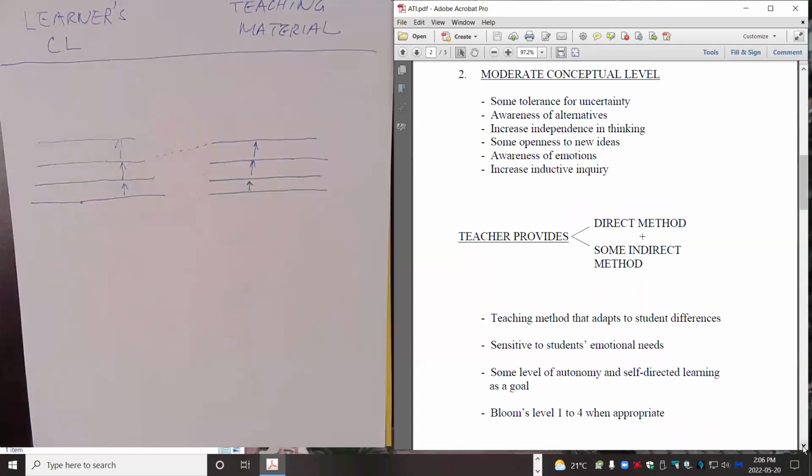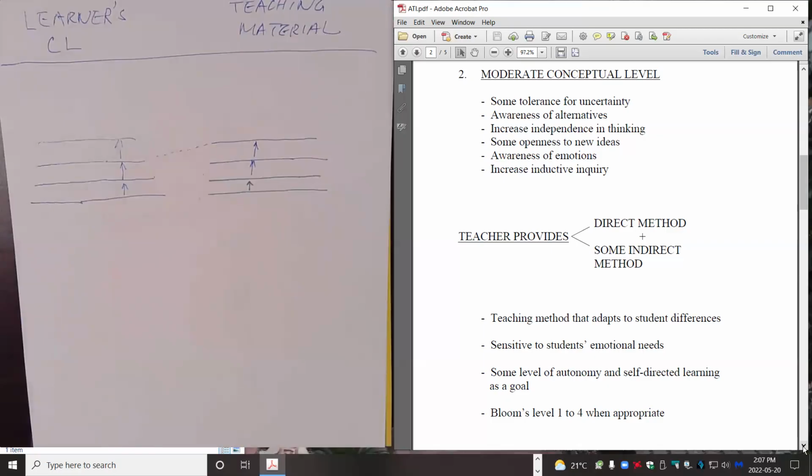But remember, even if the students are in the concrete operational stage, there is something called the modal stage +1. So modal stage, most of the time, they are within the concrete operational stage. But then from time to time, there is a preference toward a higher stage. So that's called the modal stage +1.